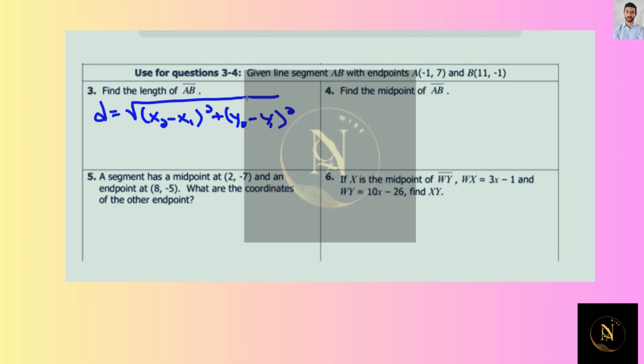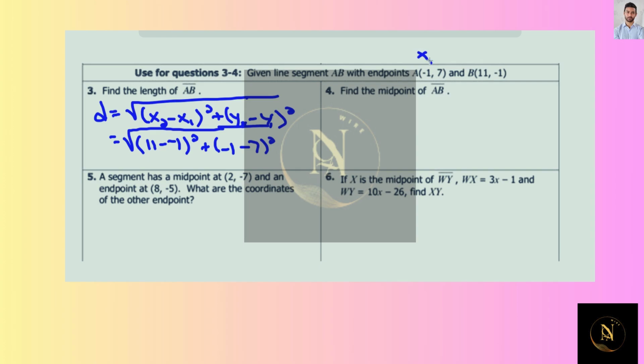So the length of AB, we could say x2 is 11, so it'd be 11 minus -1 squared plus y2 is -1, y1 is 7.